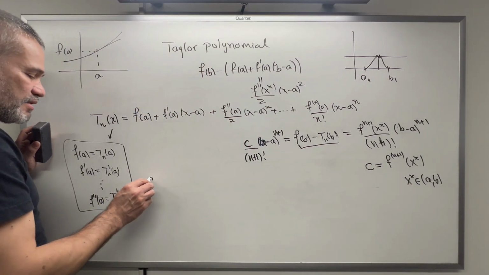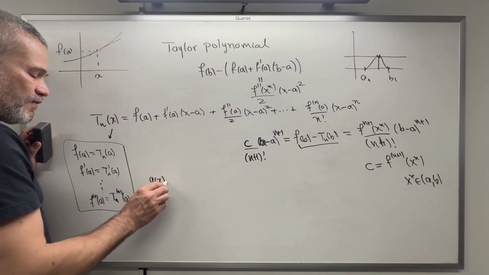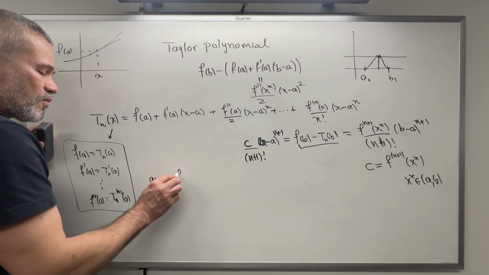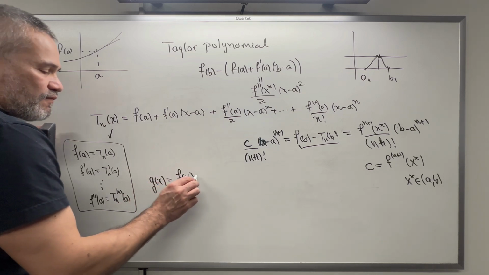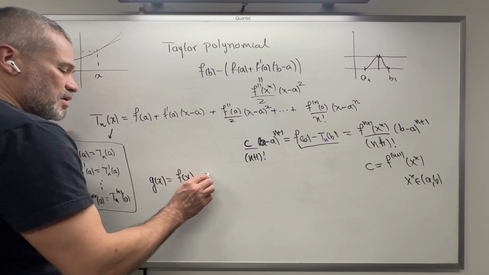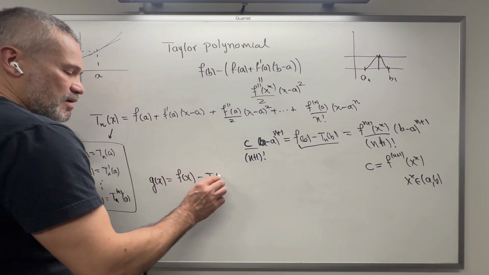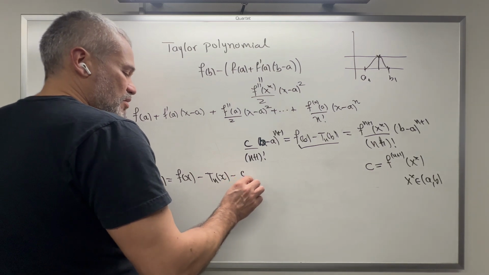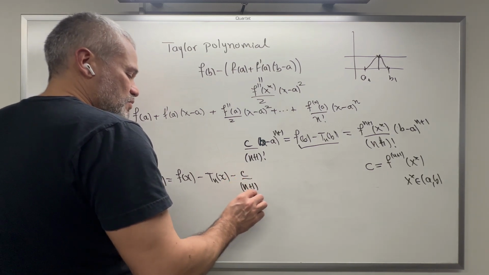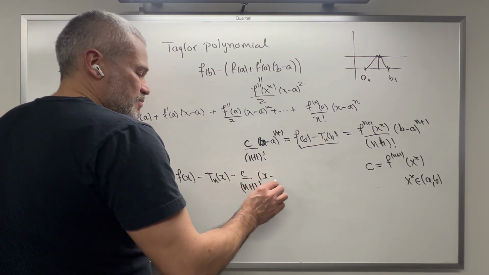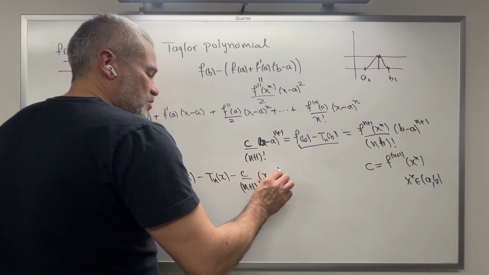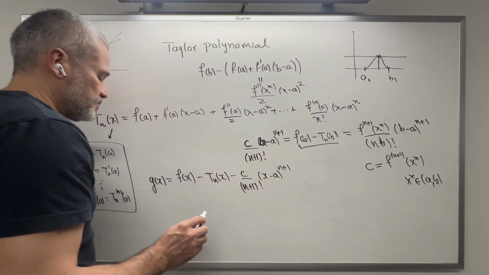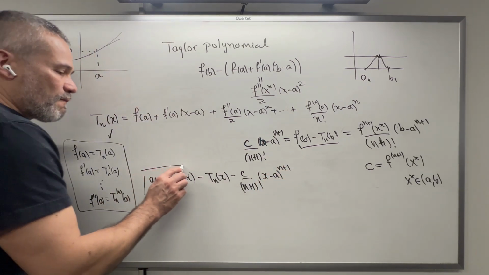We do the same argument. We define g of x equal to f of x minus the polynomial evaluated at x, minus c over n plus 1 factorial times (x minus a) to the power of n plus 1. We define this function.